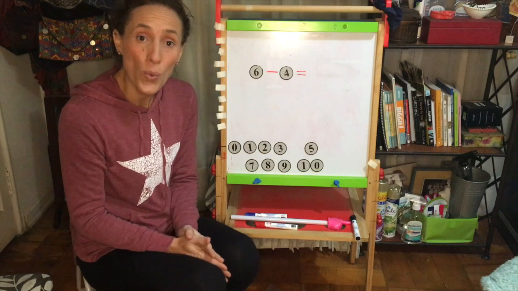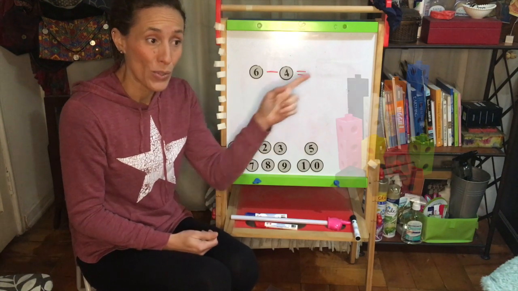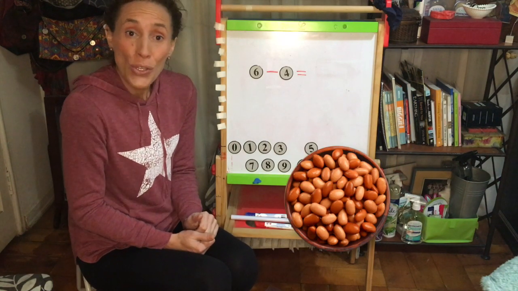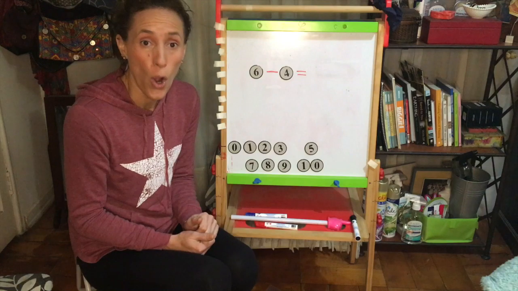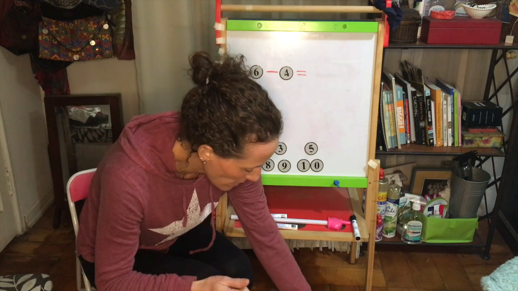So, as I always told you, you need to have something to count. You can use snap cubes, you can use beans, you choose what you have at home. In my case, I have counters.